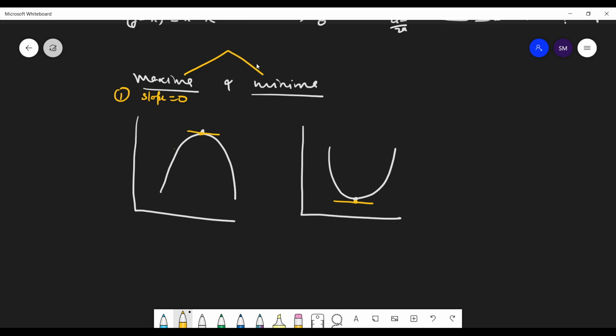Maxima and minima are points. At both points, if you draw the tangent, the slope is equal to 0 in both cases. Right or wrong?